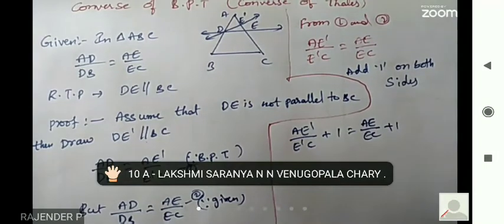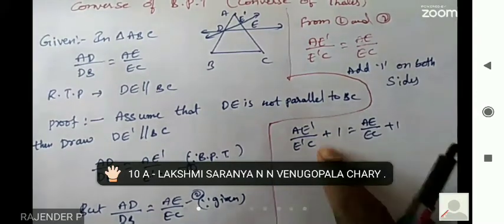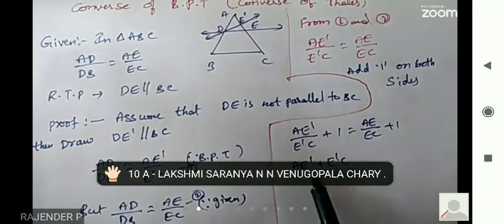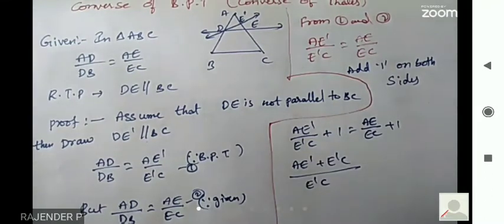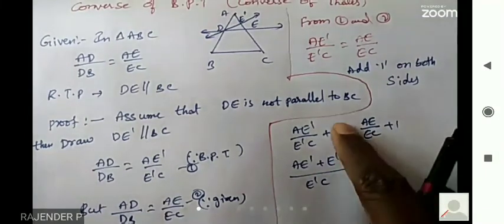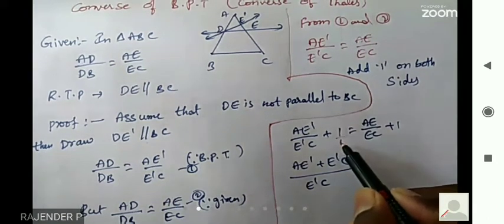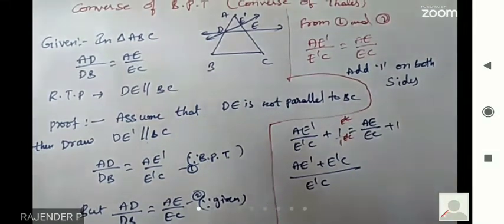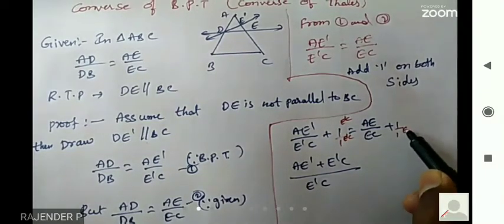Then the LCM is E dash C on the left side, so E dash C times 1 gives E dash C in the numerator, and similarly on the right side, the LCM is EC.